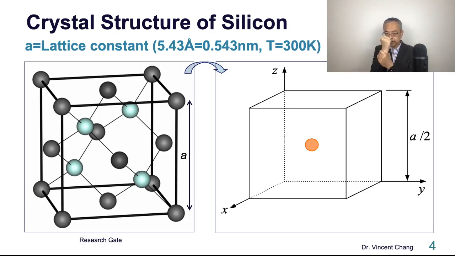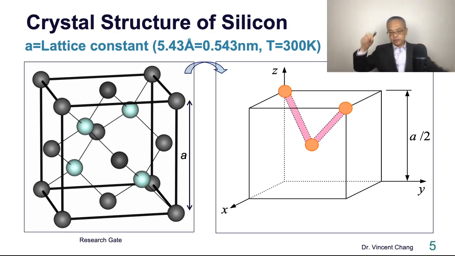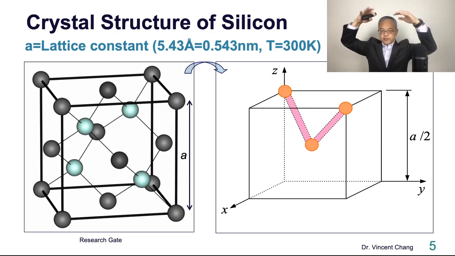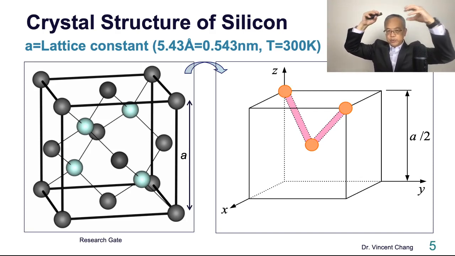So basically the center atom is going to form 2 bonds to diagonal corners. On the top square, the 2 atoms occupy the diagonal corners.